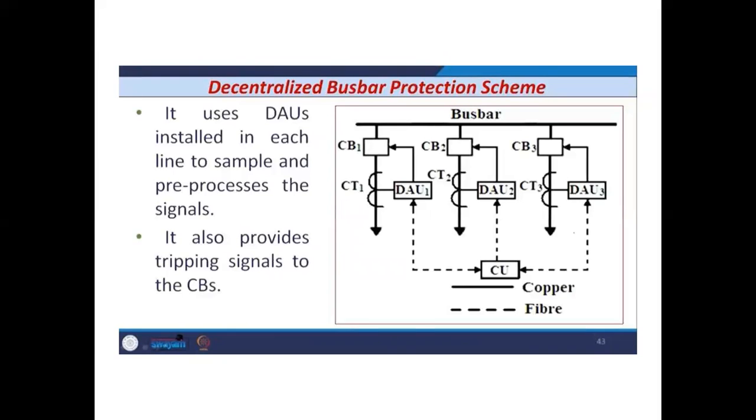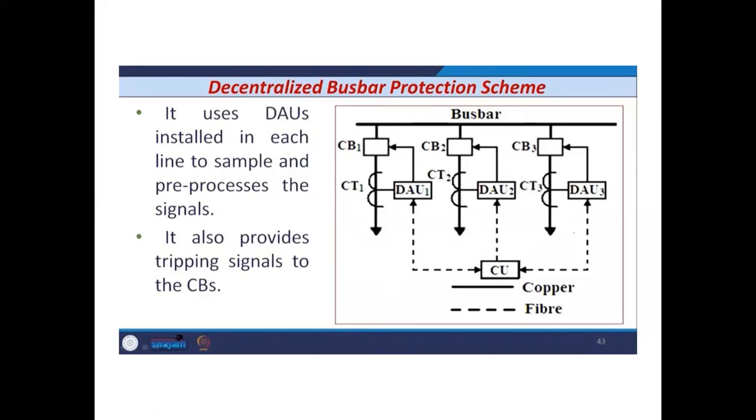You can see the diagram of the decentralized bus bar protection scheme, where you have the bus bar and three outgoing feeders: one, two, and three.